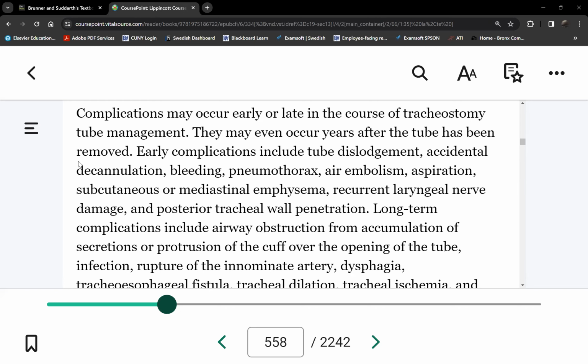So we've got accidental decannulation. When we have accidental decannulation, meaning remember when we do the trach care, what do we do with the ties again? With the old ties? We do trach care. Yeah, so when we replace it, what do we do? We remove the old ties and then put on new ones.